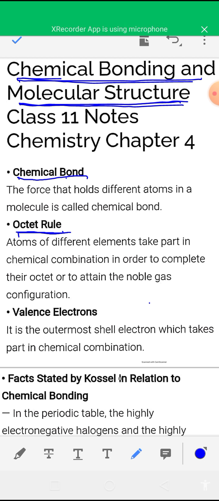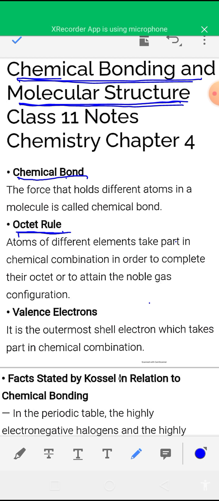Noble gases, except helium, that is neon, argon, krypton, all the noble gases have 8 electrons in their valence shell, and that is why noble gases are very stable. All the other elements want to attain the noble gas electronic configuration, that is 8 electrons in the outermost shell, and this is known as the octet rule.